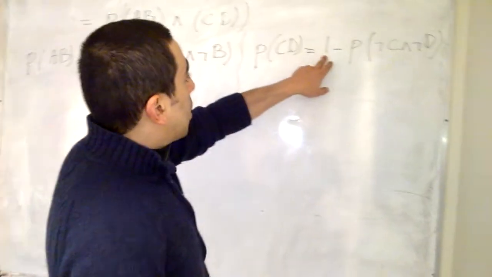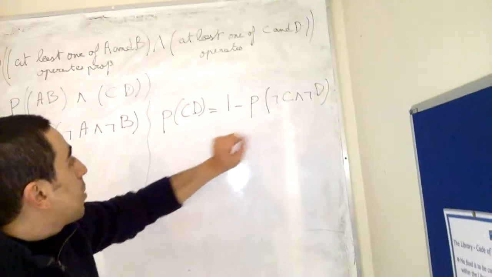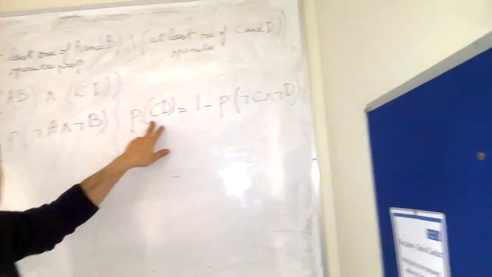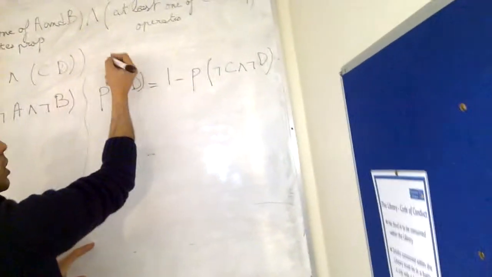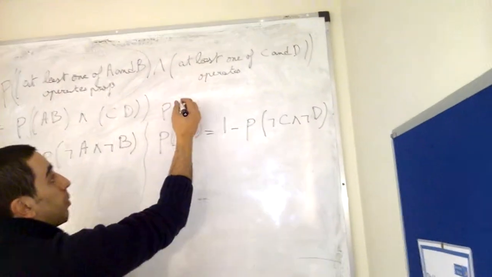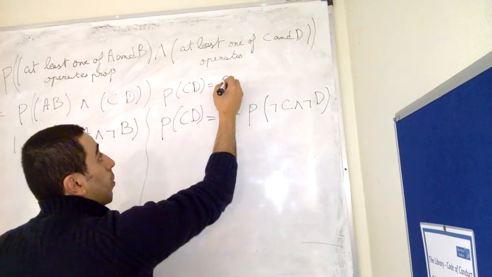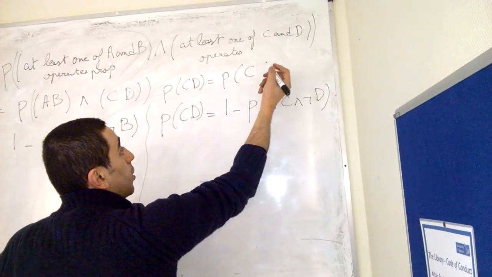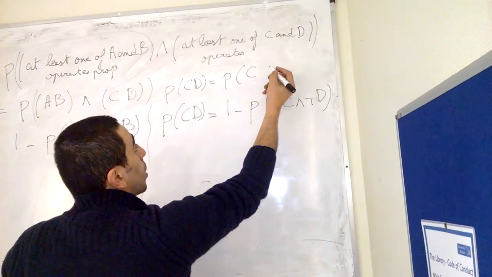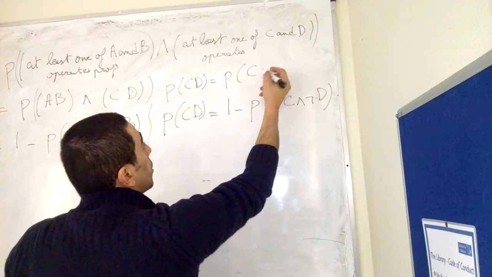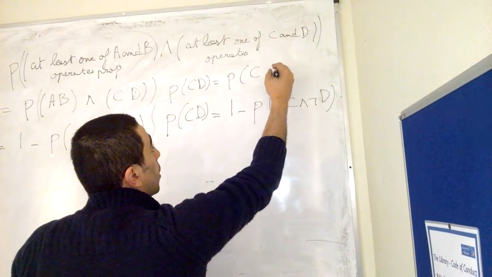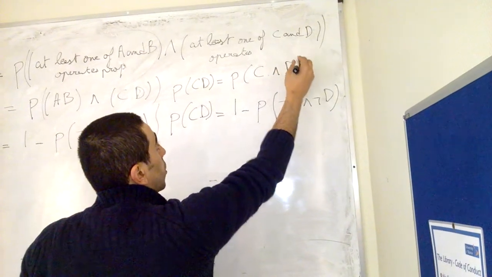Why do we do the 1 minus that? Because the probability of CD is the probability of C working and D working.